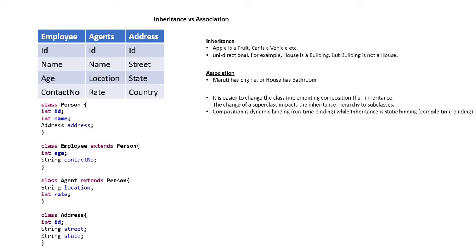Okay, so there are a few advantages of using association. Let's say I need to make some changes, right? In case of making any changes in inheritance, you need to be very careful. That may throw compilation issues, and you need to make changes in the child class, right?